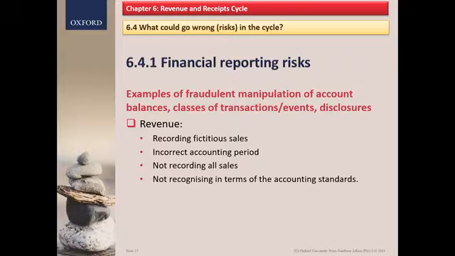Incorrect accounting period being used, that is dealing with issues pertaining to cutoff. It's cutoff, in fact, not classification. Then there is not recording all sales. If you are not recording all sales for some reason, maybe you don't want to pay more tax, you just hold on to other sales, even if they pertain to a particular period, you don't disclose them until the next period, so that you don't pay more tax.